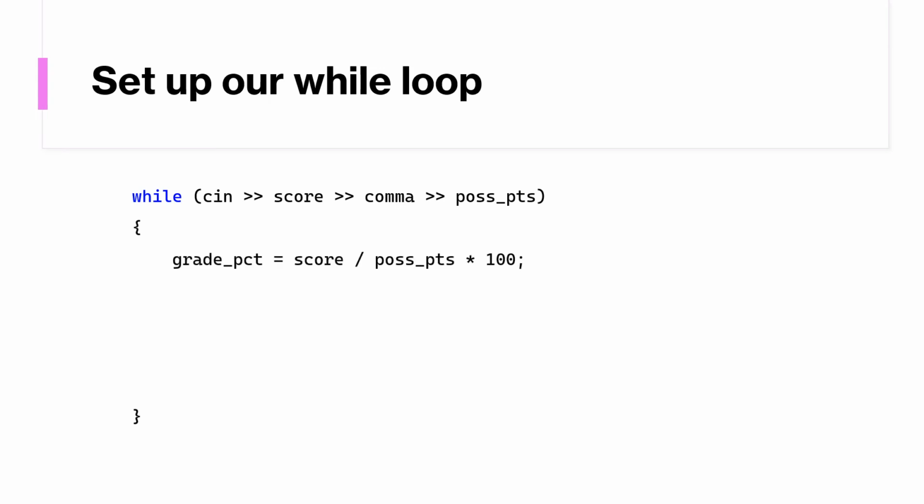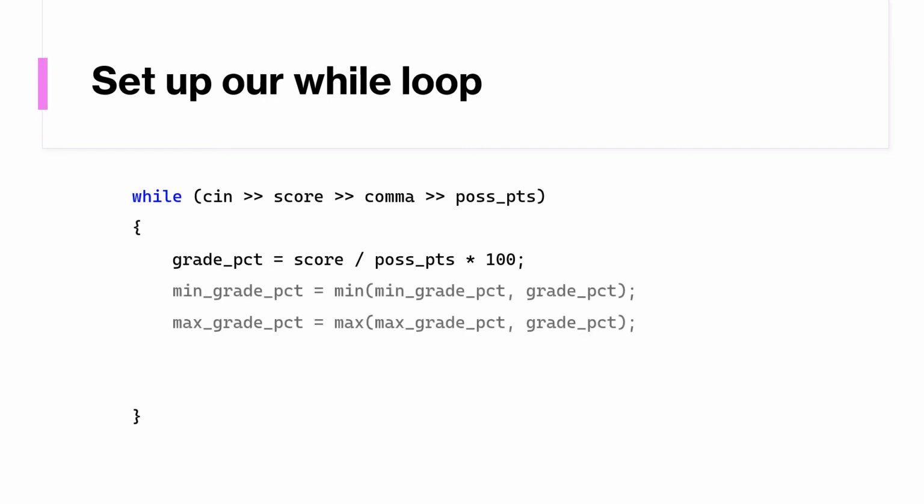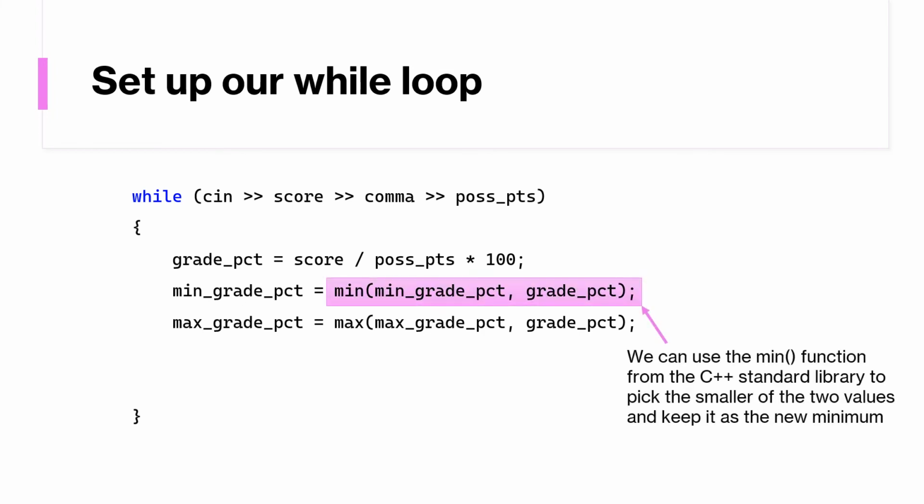Okay, then we just have to do the same kind of processing of the input that we've done before, except that this time, instead of setting min grade percent and max grade percent to the new grade automatically, we use the min function and the max function from the algorithm header to pick whichever is lowest of min grade percent or the new grade percent for min, and whichever is highest of max grade percent and the new grade percent for max.